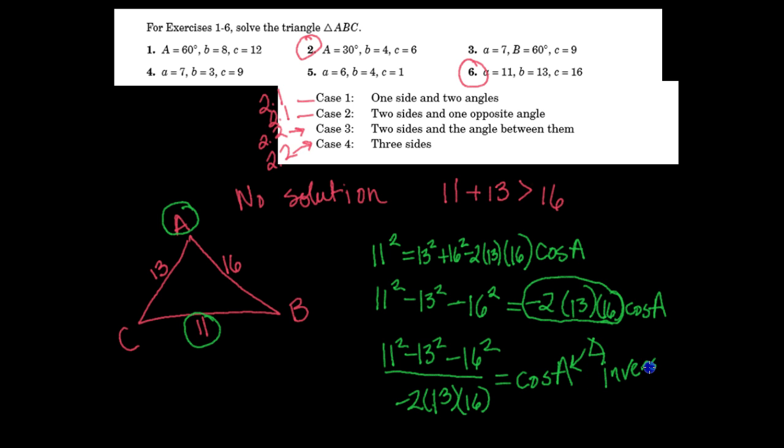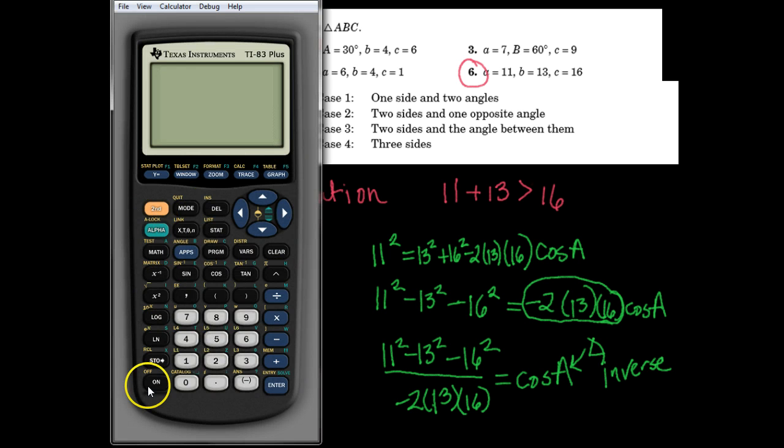So let's get our calculators out and do that. I'm going to clear it out, second cosine inverse. And I'm going to put all of this in parentheses. So I have 11 squared minus 13 squared minus 16 squared. I'm going to close the parentheses for the top.